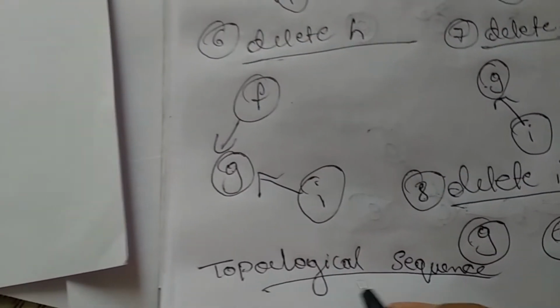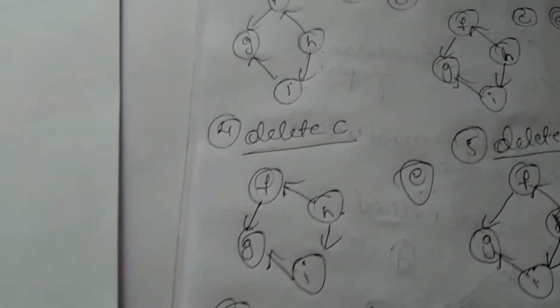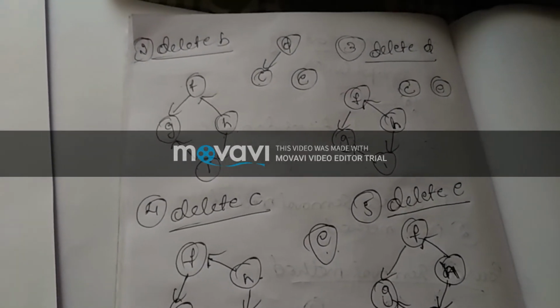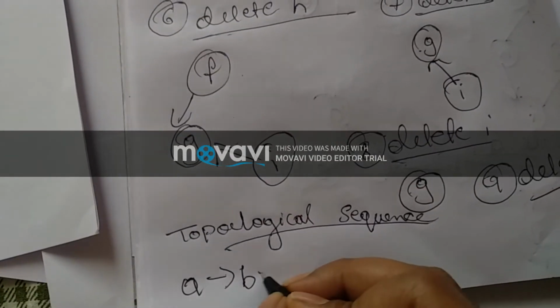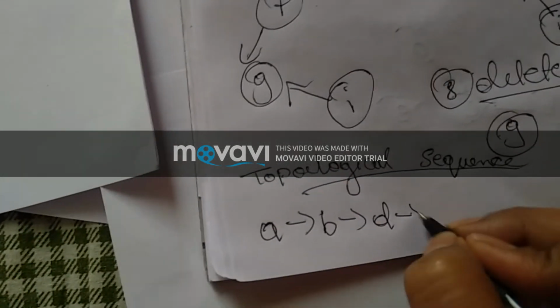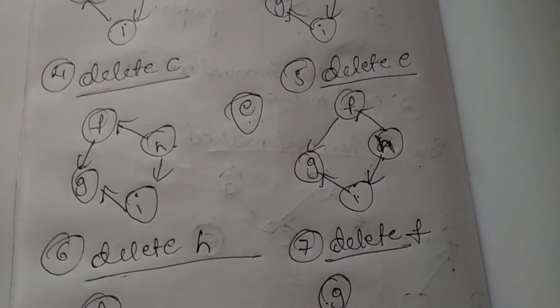your topological sequence. First, which one have you removed? A. Then what is the 2nd? That is B. Then what is 3rd? It is D. Then which is 4th? It is C. Then which is 5th?